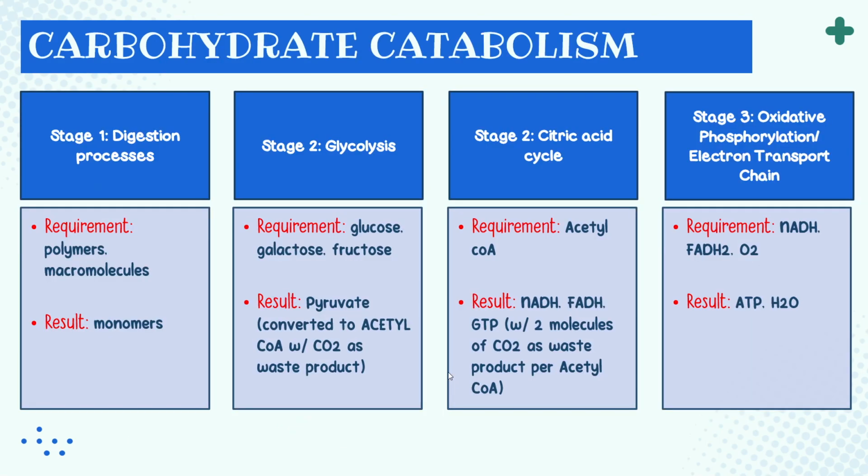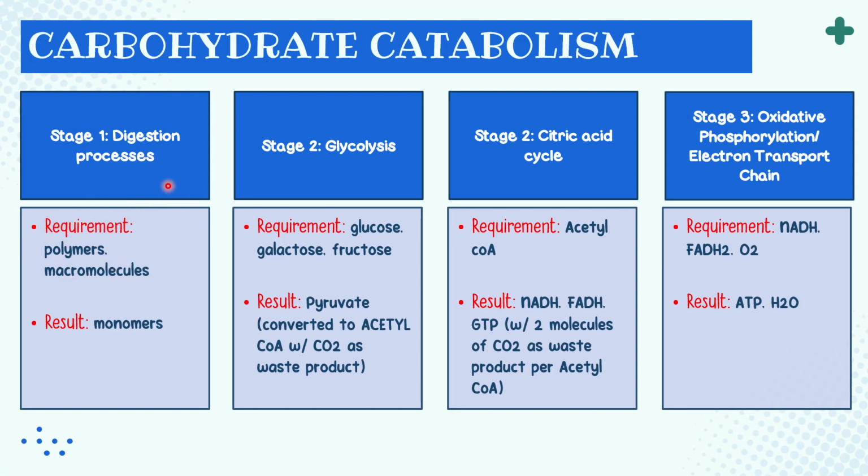So, in this table, this summarizes the requirement and the result of those 4 stages that we have mentioned. And this is specifically pointing out how your carbohydrates are catabolized. So again, digestion, the requirement are your macromolecules or your polysaccharides.